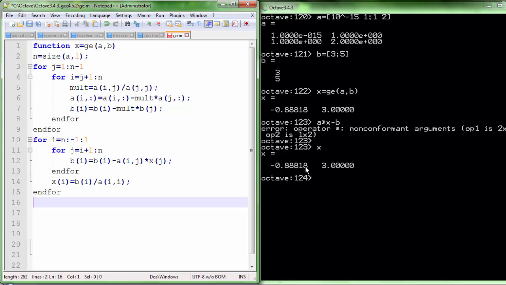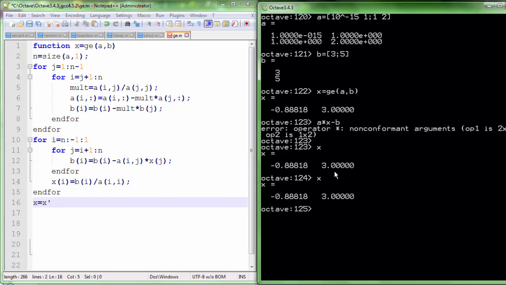We want x to look like a column vector. So one easy way to do that is to do x equals x and then apostrophe. The apostrophe here means it's a transpose.